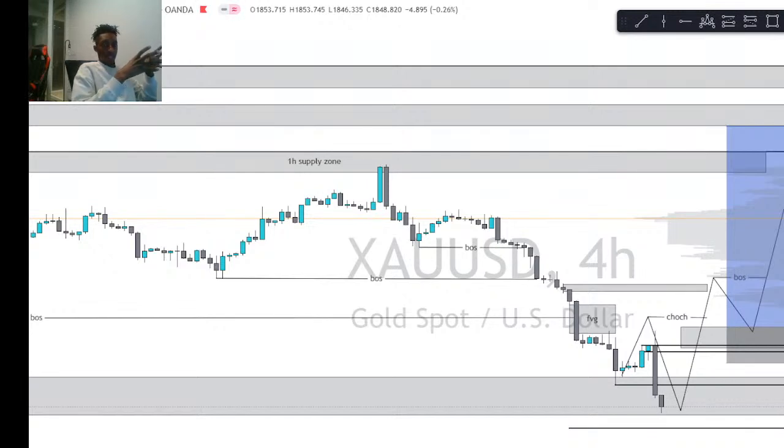I'm sure everyone understands gold and how it's sitting. We can just renew the analysis for those who were not here last week when we were analyzing gold. You understand? We can just start over.